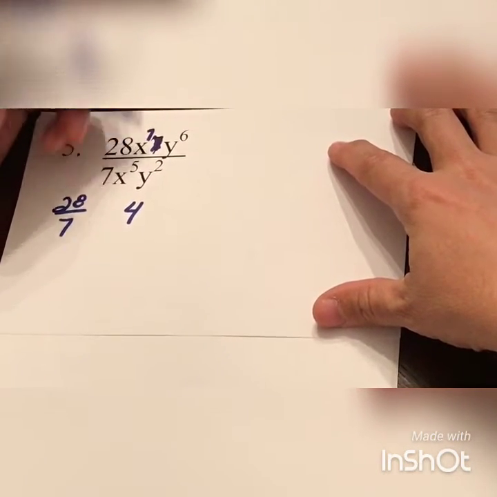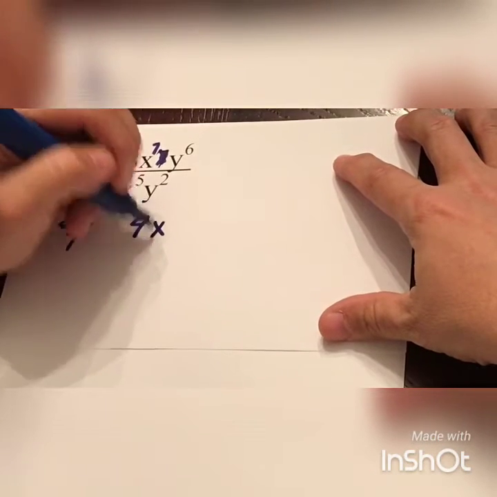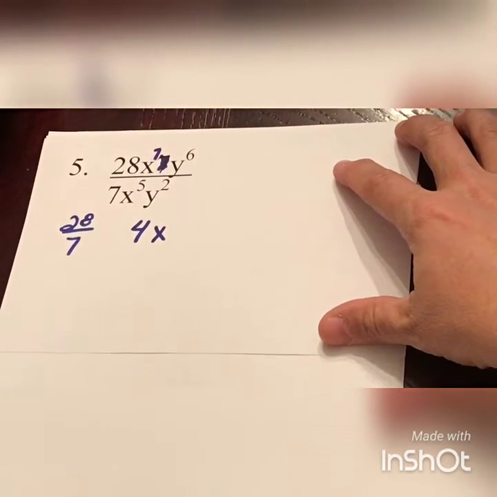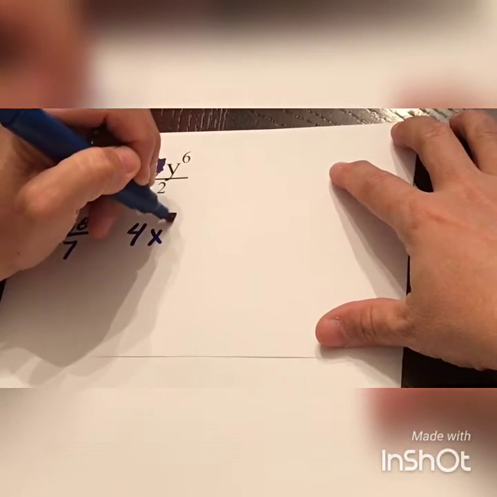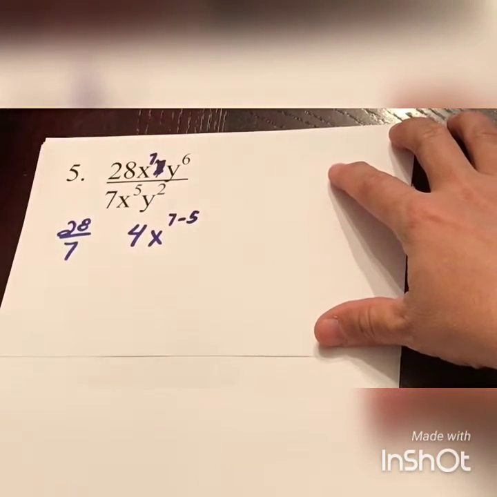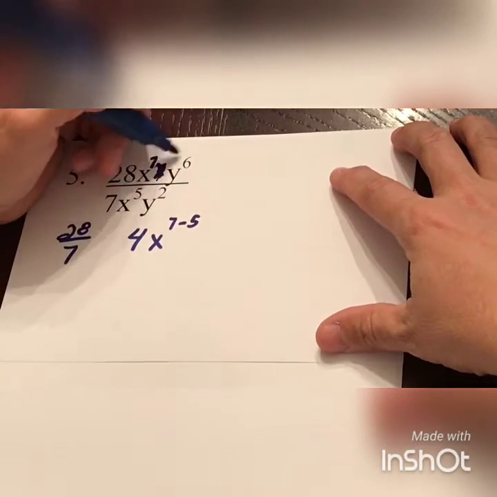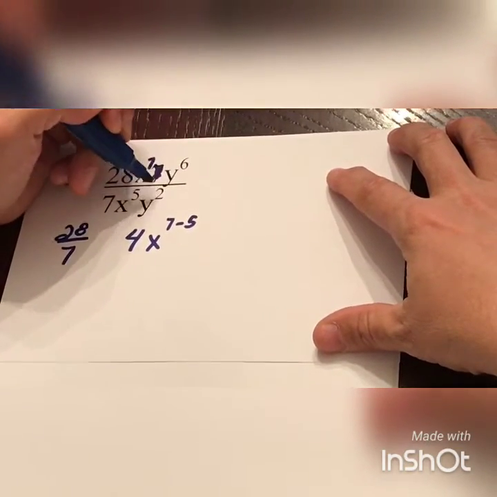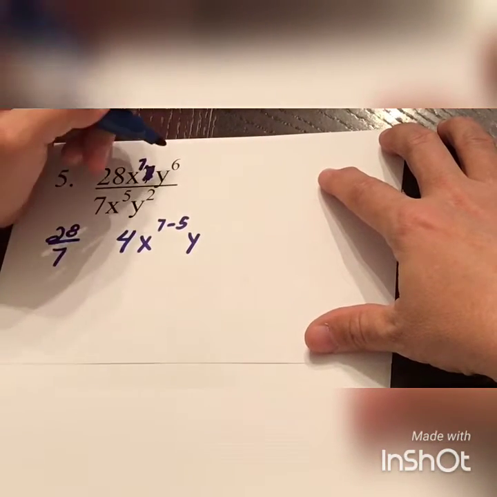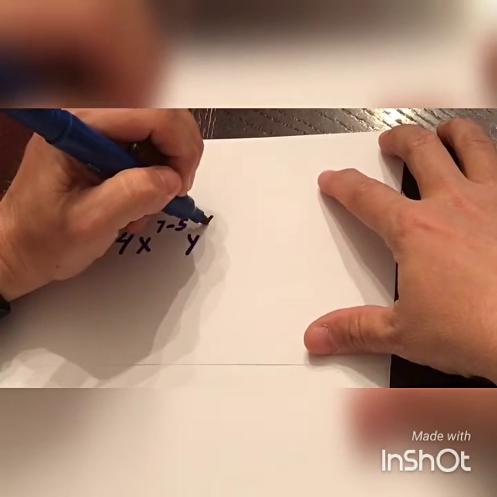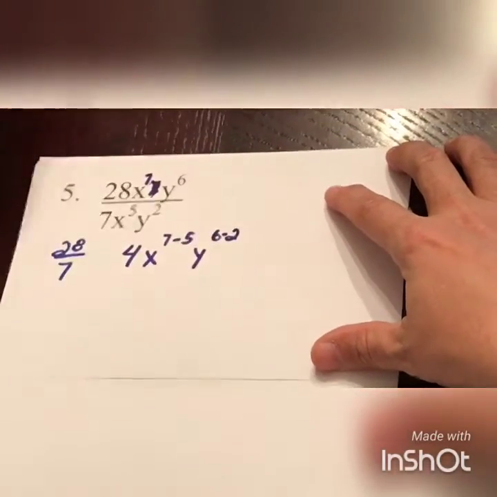Since 7 is larger than 5, the x will stay on top beside the 4, and then we subtract those exponents. 7 subtract 5. The y variables, since 6 is bigger than 2, the y variable will also stay on the top, and then we subtract 6 minus 2.